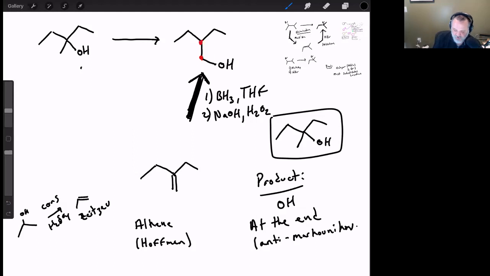How do I get a Hofmann product? Well, I have to take a leaving group. It has to be a good leaving group. And I have to use a bulky base.